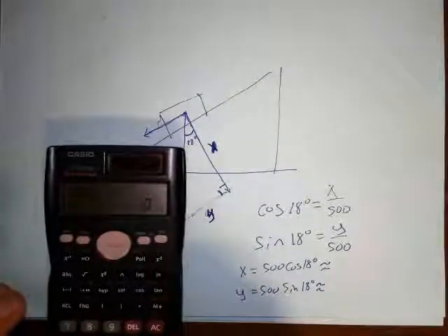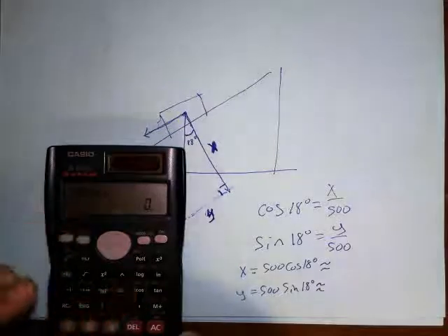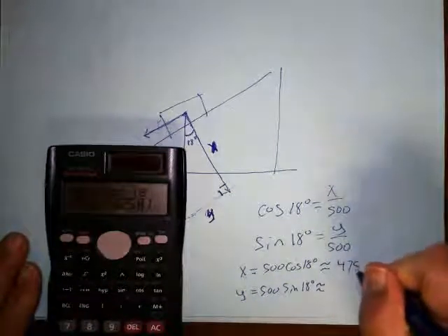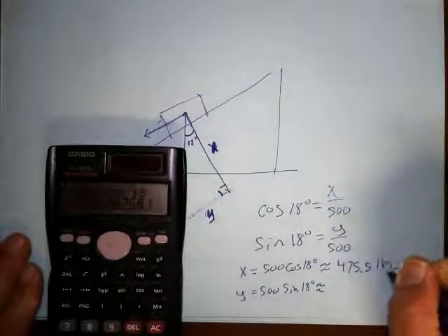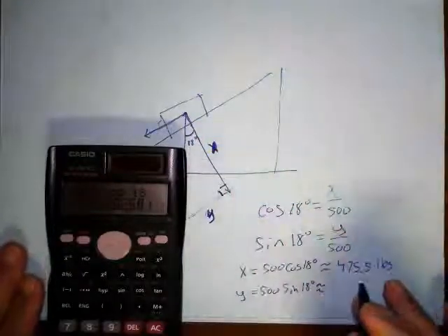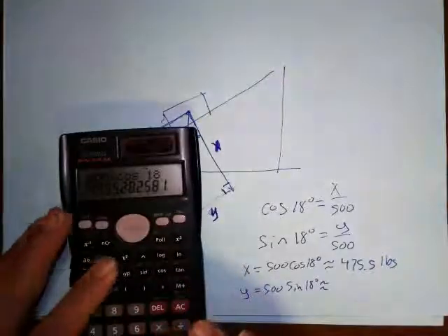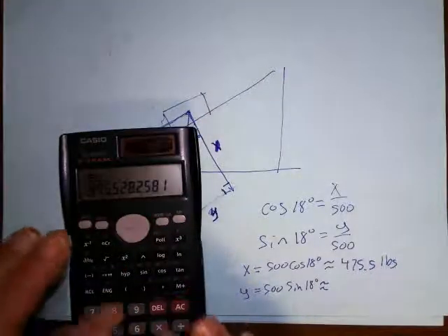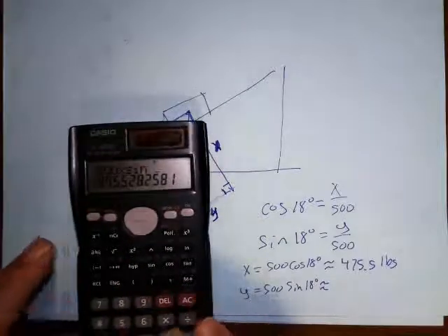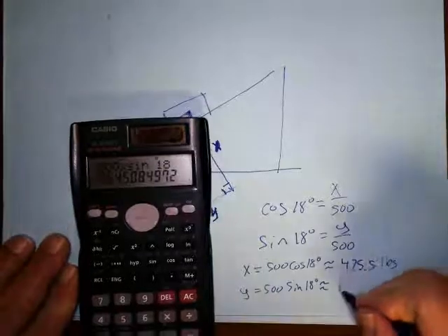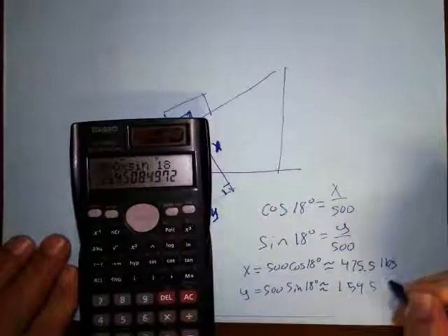So 500 times the cosine of 18 degrees is like 475.5 pounds. So that's the amount going perpendicular to the ramp. And then 500 times the sine of 18 degrees, and I get 154.5 pounds.